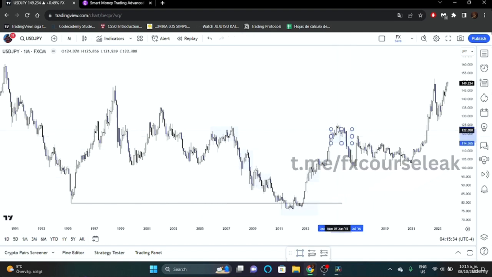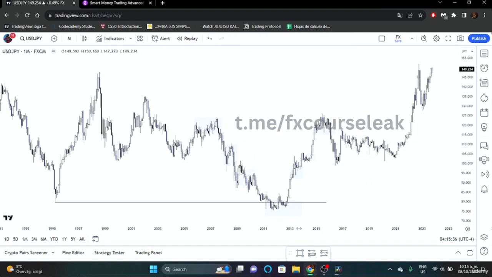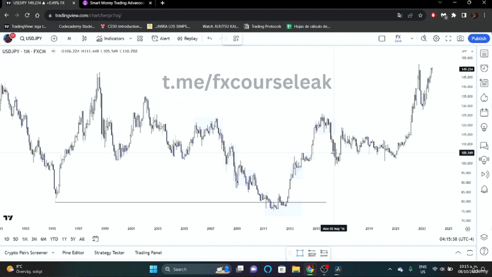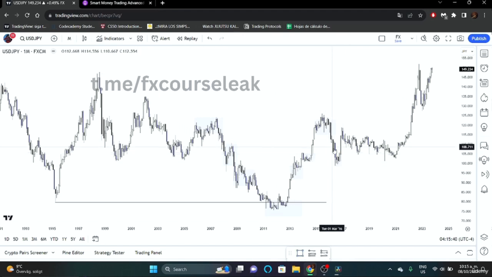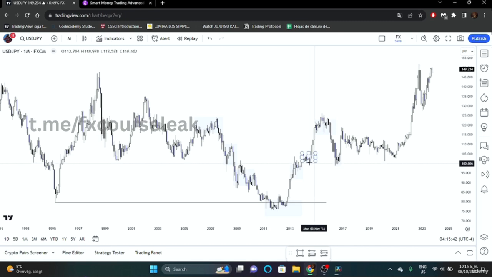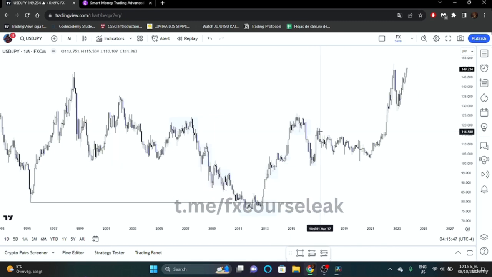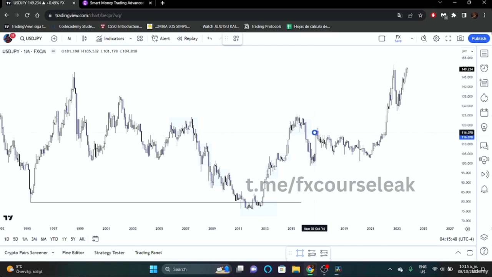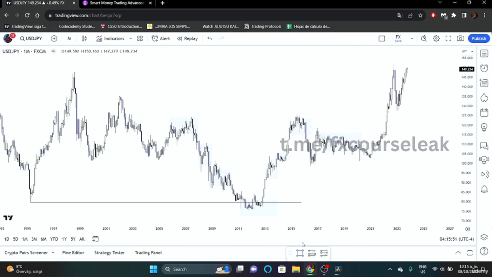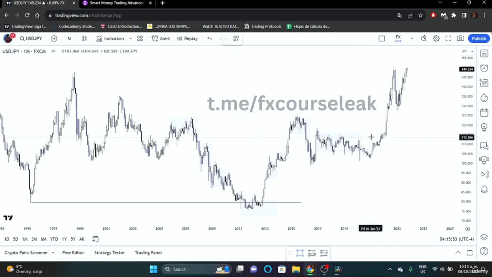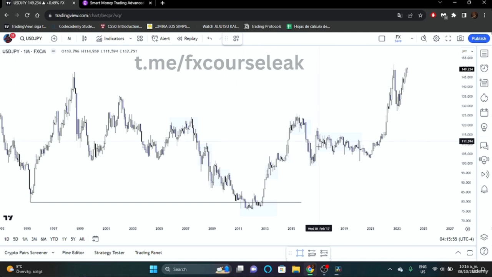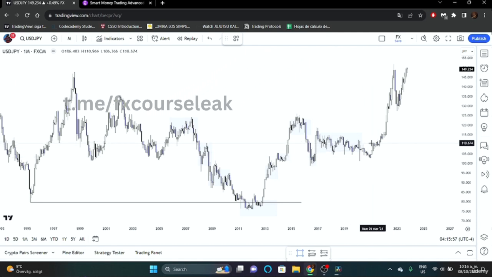Reversal. This was a short accumulation, reversed after taking these stops right here. This was a long accumulation for a while, even years, 4 years accumulation.